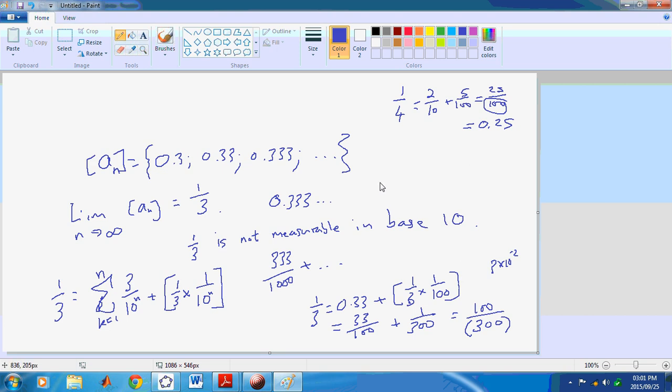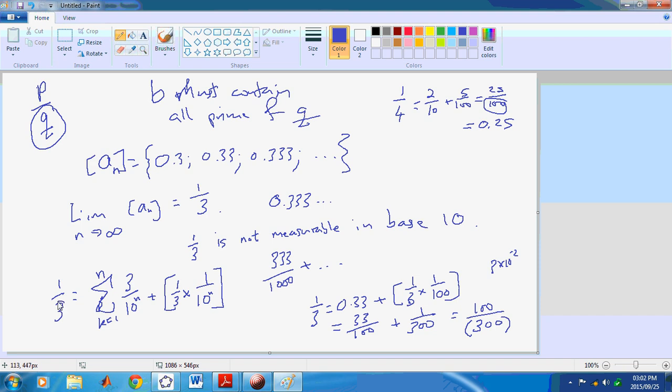So there is a number theorem which states that in order for a fraction p over q to be measurable, or to have an equivalent fraction in a radix b, b must contain all the prime factors of q.